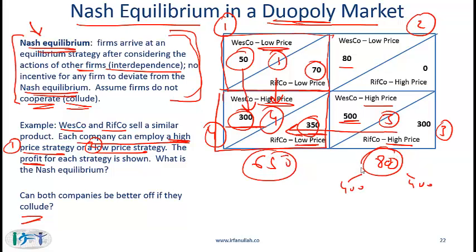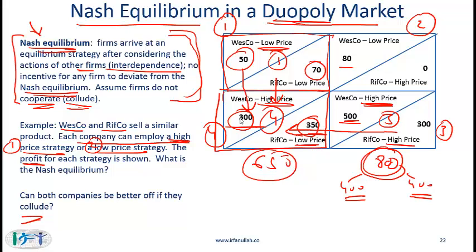Wesco and Rifco could decide to both set high prices. The total industry profit would then be 800, and if they agree that they split the 800 and Wesco gets 400, Rifco gets 400, note that both companies are better off relative to the Nash equilibrium.